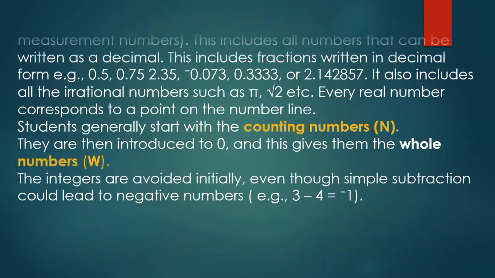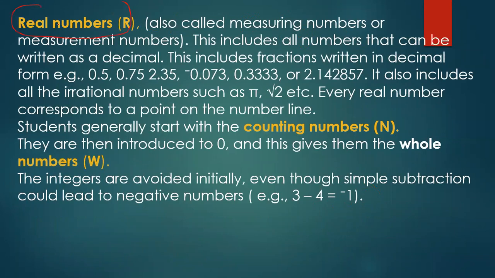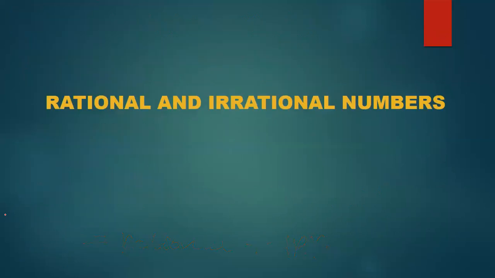So the set of real numbers is simply equal to the addition of rational numbers and irrational numbers. When you add them, the answer that you get is the set of what? Real numbers. All right, so let's quickly move on.